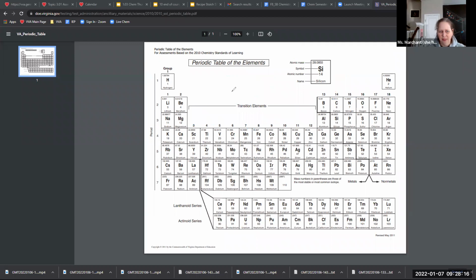Now, if you have not yet written down your cheat codes, make sure you write them down before you get started, because you literally will use this every week for the entire course.